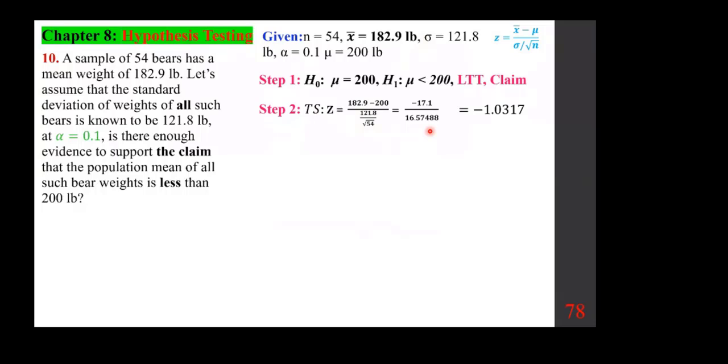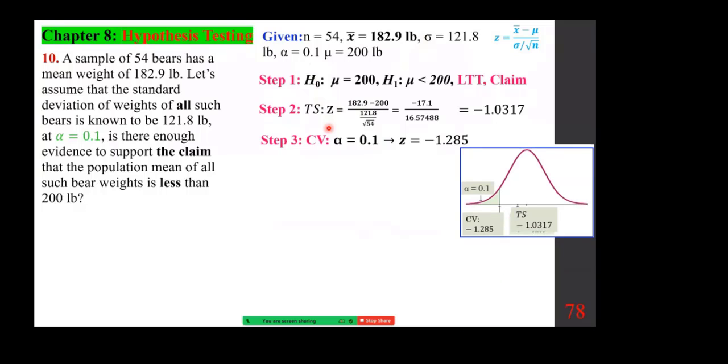Critical value comes from the choice of alpha, the Z table. So you use the Z table, you come up with this answer, and take a look at the graph. So critical value, alpha is 0.1, negative 1.285. So take a look at alpha. Test statistic, look at the location of test statistic.